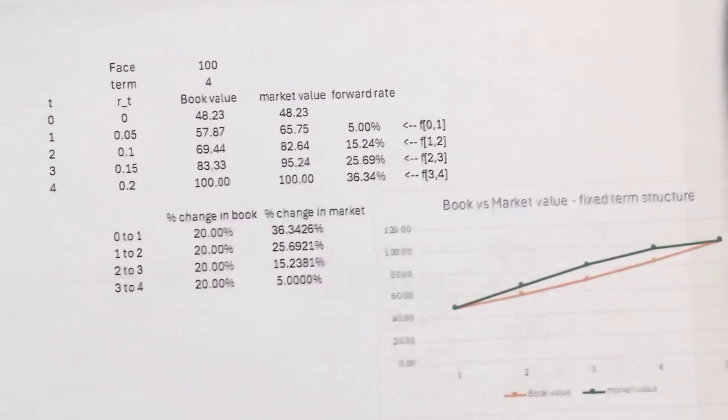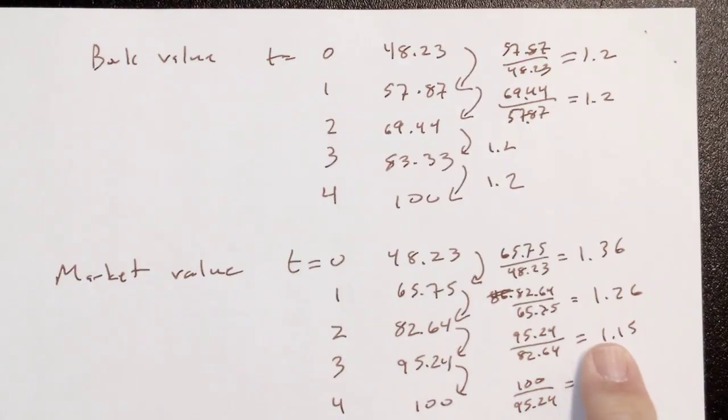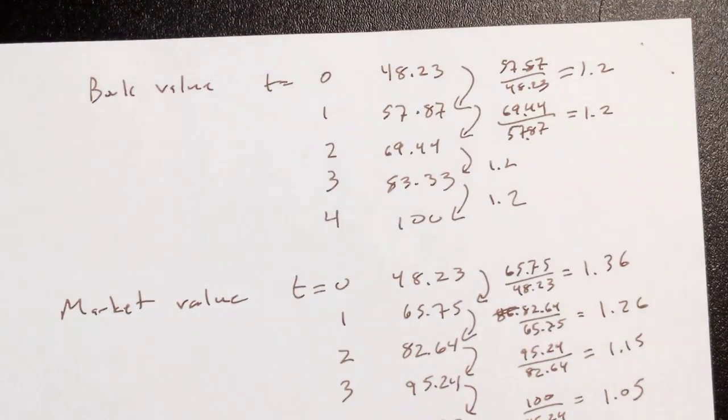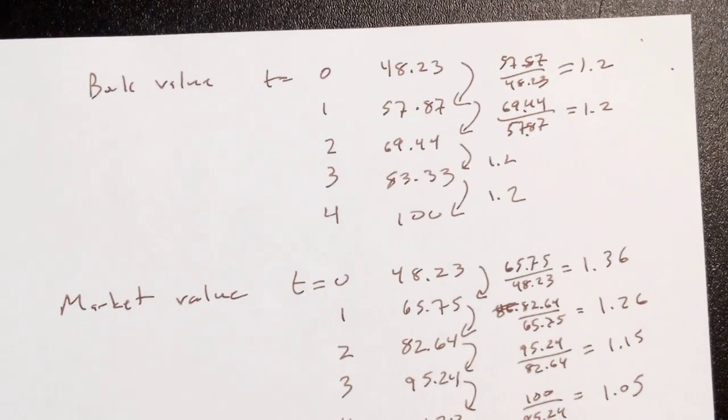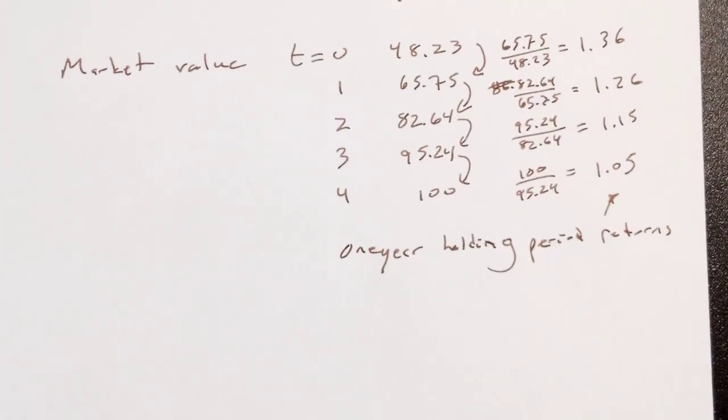By the way, these numbers that we computed right here are called the holding period returns. So if I hang on to it for a year at the beginning, I earn more money than if I hang on to it for that same year close to the end.